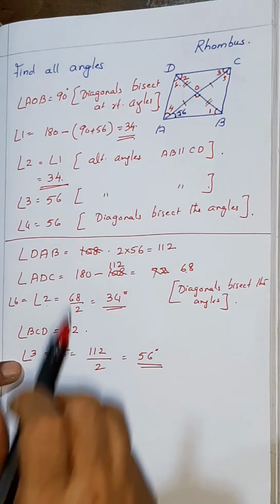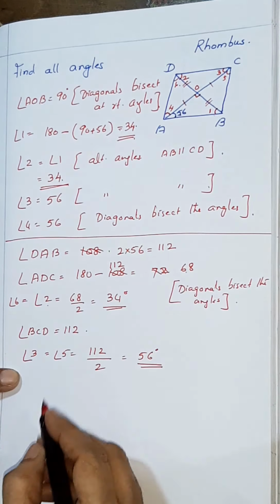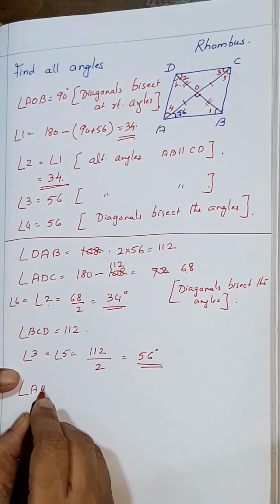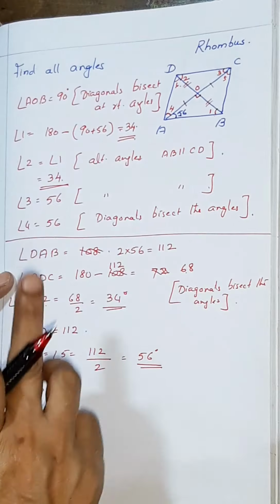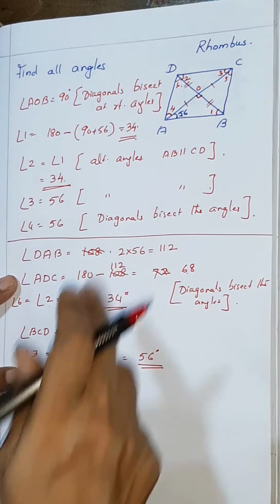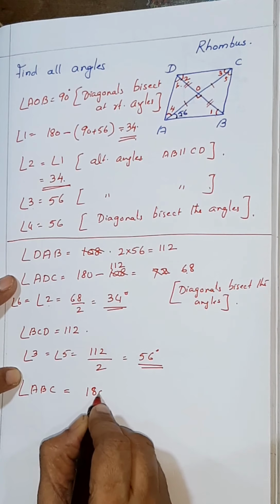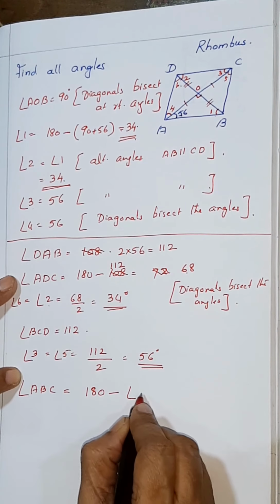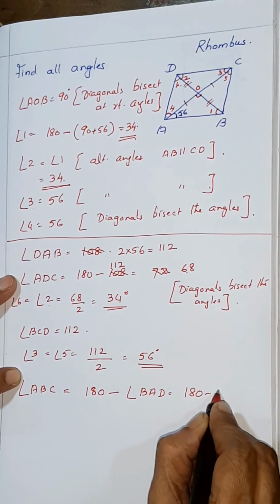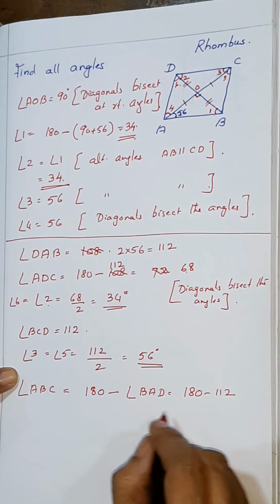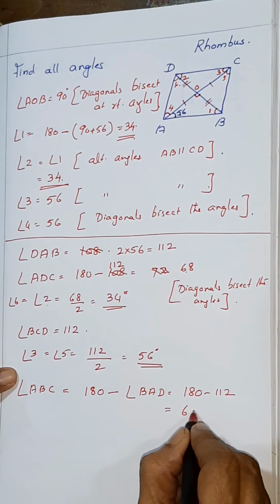Now I think everything we have covered. So angle ABC will be 180 minus angle BAD, that is equal to 180 minus 112. It is equal to 68.